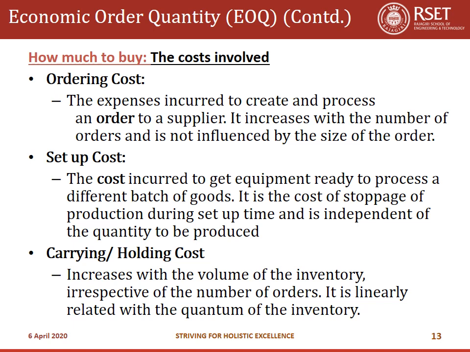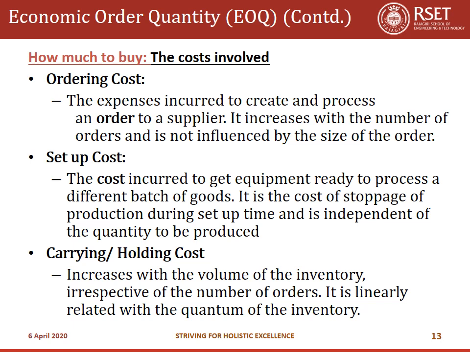Then setup cost. Setup cost is the cost incurred to get an equipment ready to process a different batch of goods. It's the cost of stoppage of production during setup time and is independent of the quantity to be produced. Every equipment would be ready to produce a batch of goods, but after it produces a batch, you have to switch off that equipment and get it ready for the next batch.